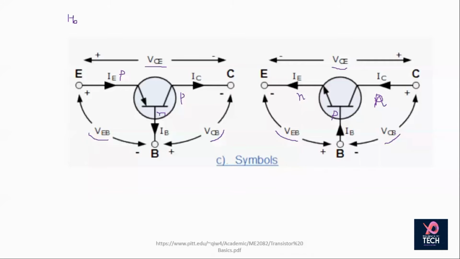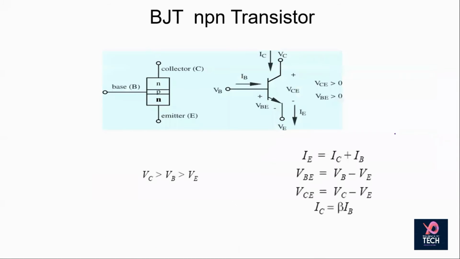So we have discussed the analogy, and we have discussed the symbols. This is just a review of the previous class. Now this is the other thing which we have left. This is your NPN transistor: emitter, base, and collector. Here you can see that the voltage of collector is greater than the voltage of base, which is greater than the voltage at emitter.